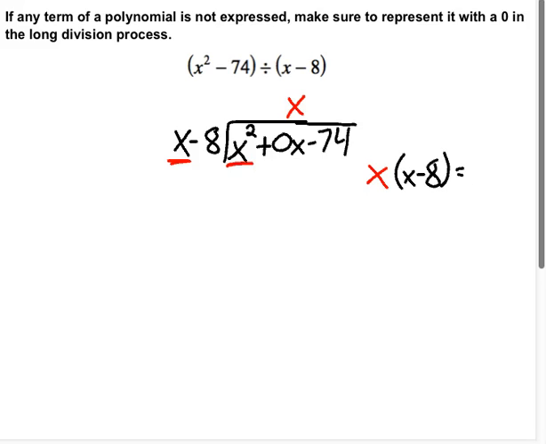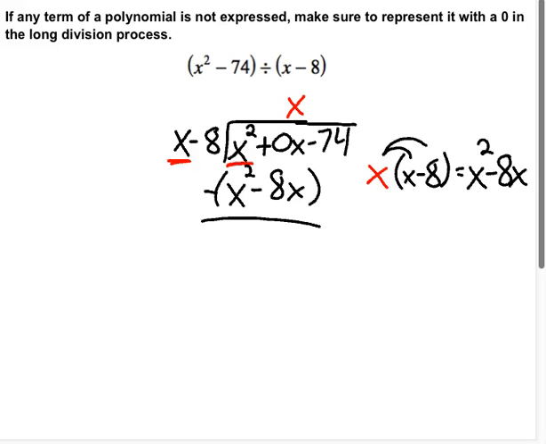Times x minus 8 is going to be x squared minus 8x. I subtract off to see how close I got. Well, x squared minus x squared leaves me with nothing. That cancels off. 0 minus a negative 8.